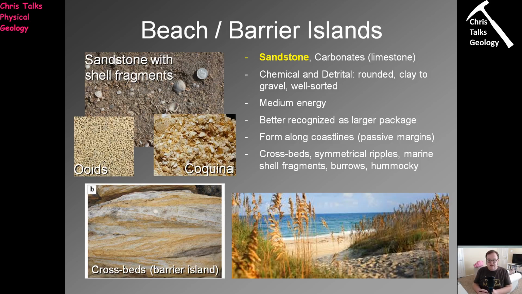Now, because we have waves hitting the beach, we expect to find symmetrical ripples on the side of a beach that's being hit by the waves. But typically, when you come to the rear of the beach, which you can just see off to the right-hand side of this picture, there is an area where you have a build-up of sand. This area is not disturbed by wave action, and so the sand in this area is moved around by the wind.